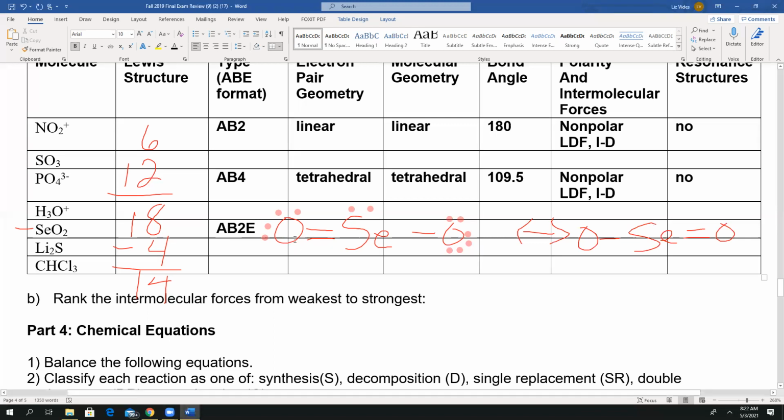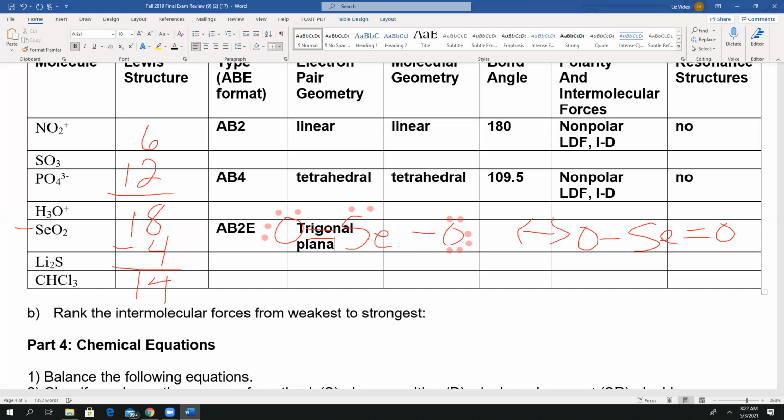Because you got 2 things bonded, but 1 electron pair, which makes this, when you first started, this is 3 things, so it's trigonal planar. But the official shape is bent. And the angle is going to be less than 120.